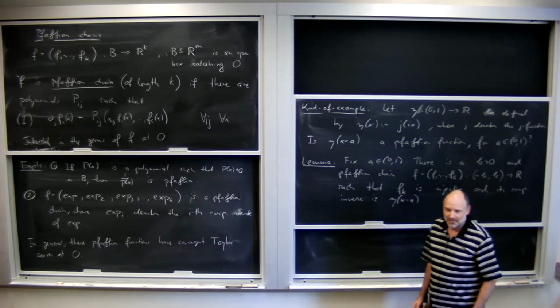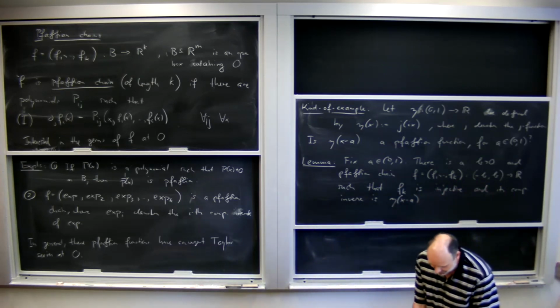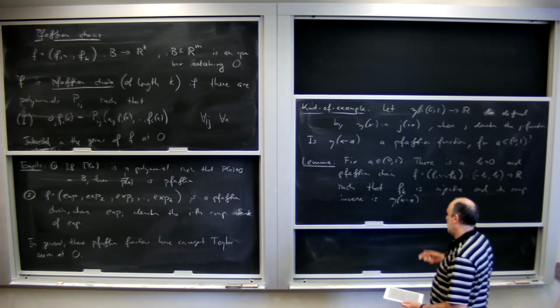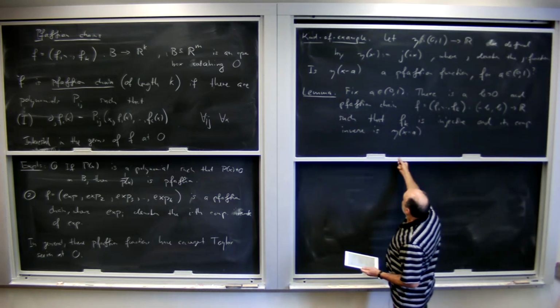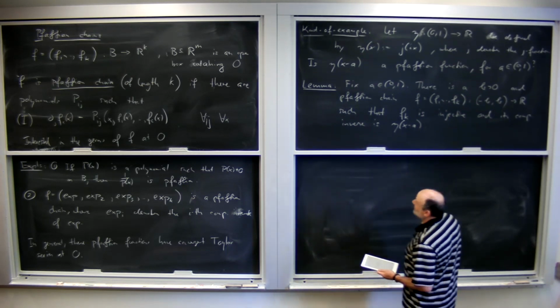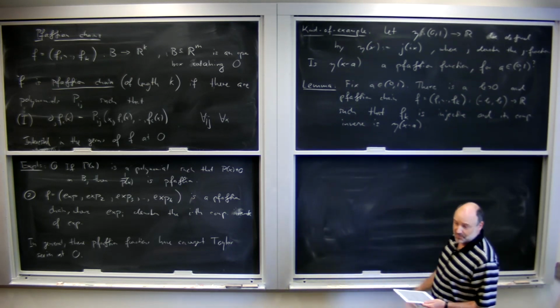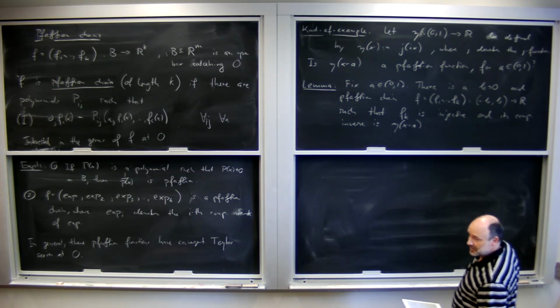We weren't able to do that. But we knew this. So this is close to being Pfaffian. I wouldn't call it an example, obviously, because it doesn't say that it is an example.